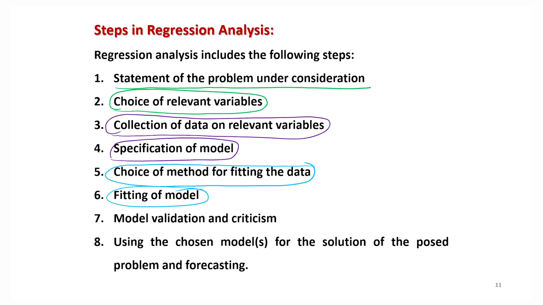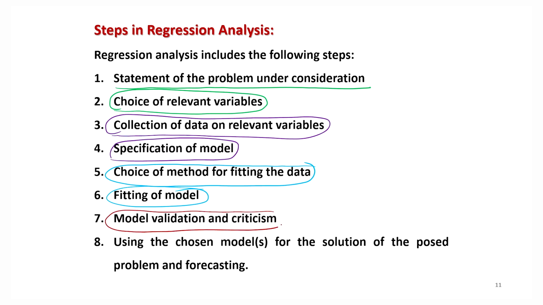There are various techniques by which you can do it, but you have to choose the appropriate technique depending on the nature of the data and the prevailing conditions in the experiment, right? Once you have obtained the data, you have to check whether the data is telling you the same thing which is happening inside the experiment or not. For that we have model validation techniques.